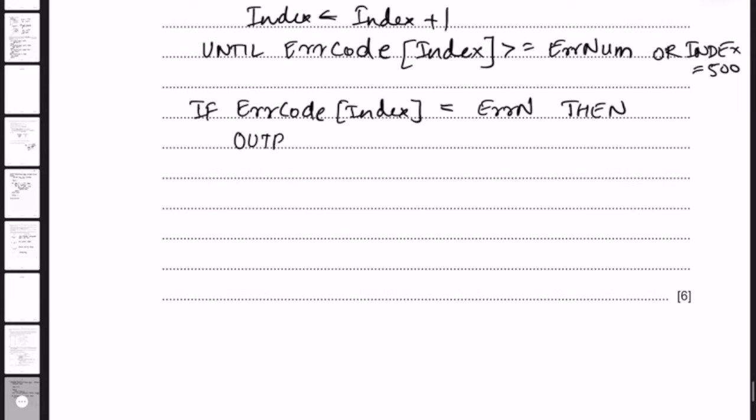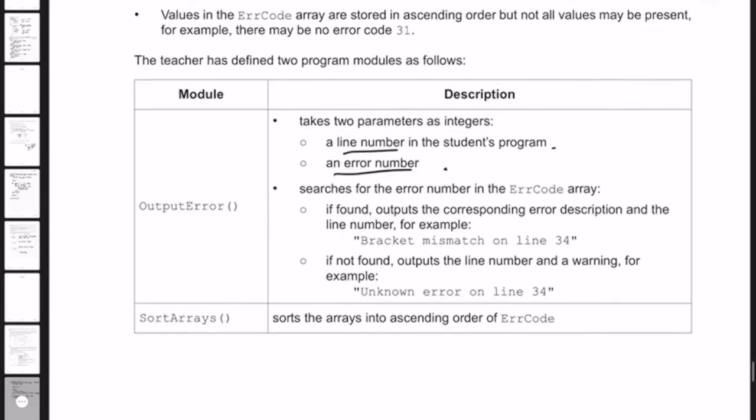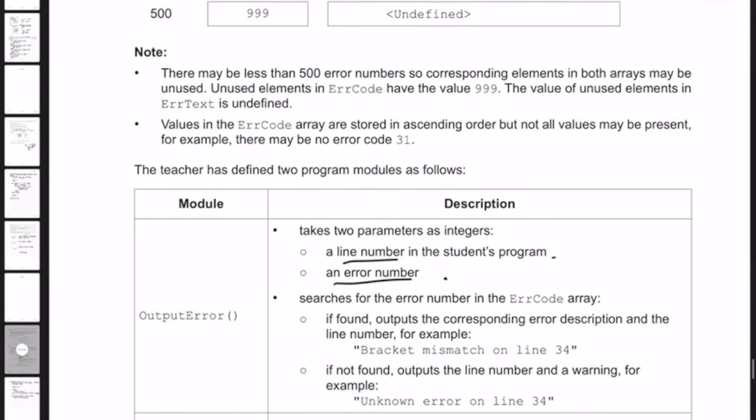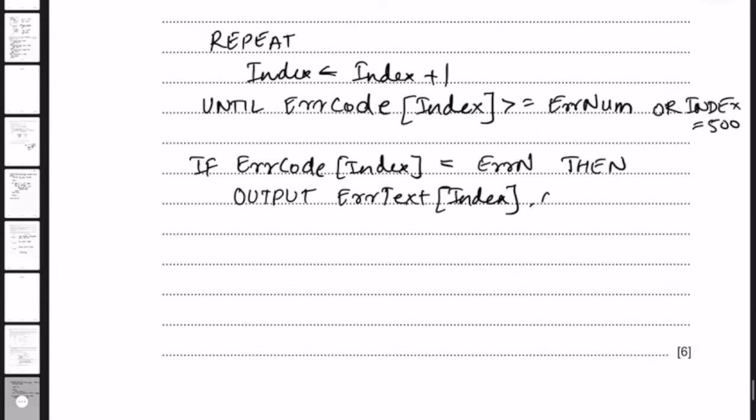So output err text, that is the global array of the index. Let's just look at the format. So this is the thing: on line and then the line number. That's that.